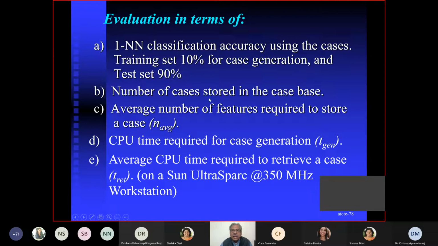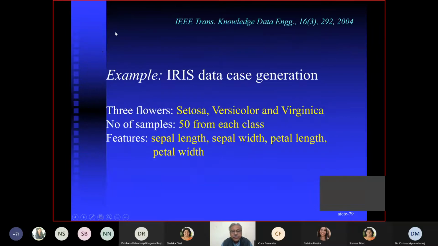Similarly, the number of cases stored in the case base, that means how many cases you require to represent a class. Similarly, the average number of features required to store a case. Similarly, CPU time required for case generation, then average CPU time required to retrieve a case. These are typical machine learning parameters we are using.